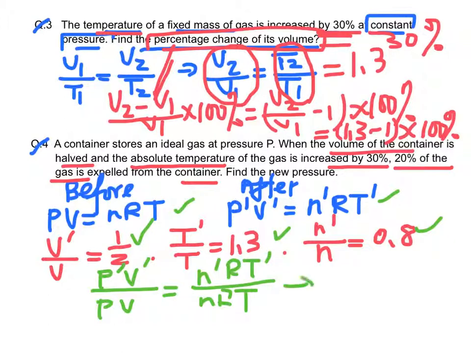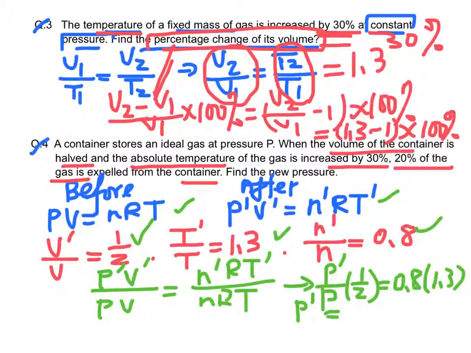We got P' over P times 1/2 equal to 0.8 times 1.3. Therefore, P' equal to 2.08 P.